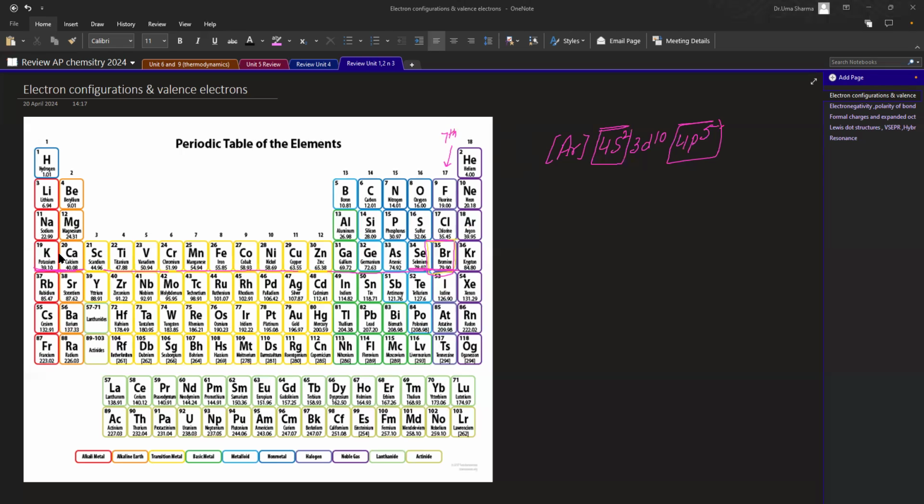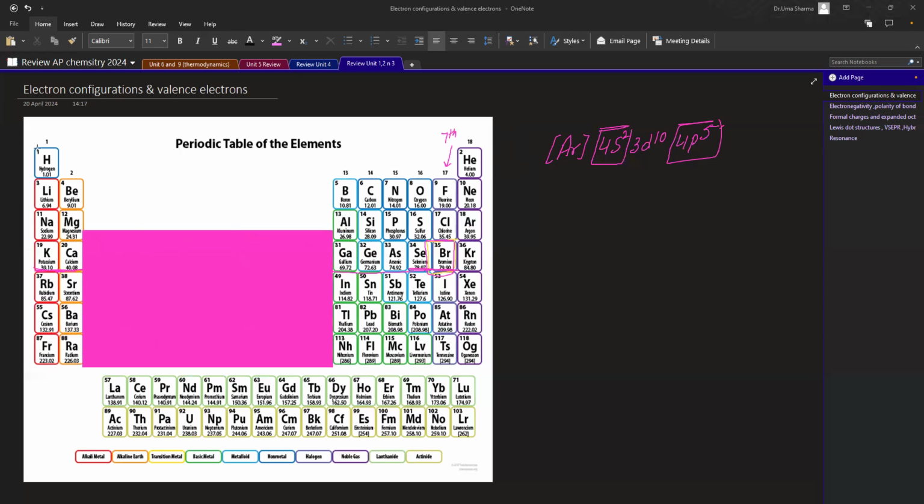If I just ignore this particular numbering, and do the numbering like this, 1, 2, I can take it as 3, 4, 5, 6, 7. So there are 7 valence electrons, halogen family. 7th family has 7 valence electrons.